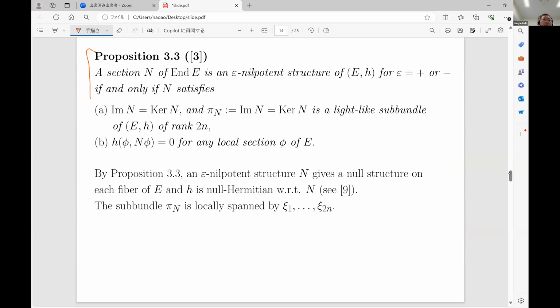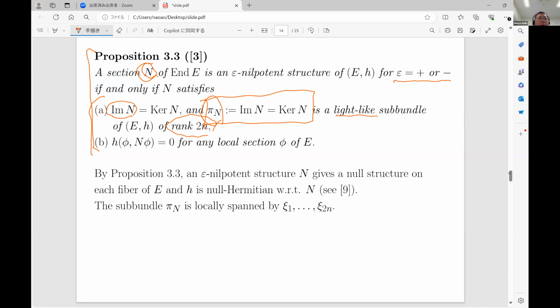We obtain this proposition. A bundle endomorphism large N is an epsilon nilpotent structure of EH, for epsilon equal to plus or minus, if and only if N satisfies these two conditions: the image of N coincides with the kernel of N. And if we set this, then pi_N is a light-like subbundle of EH of rank 2.